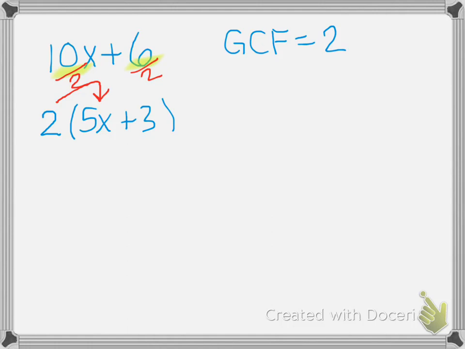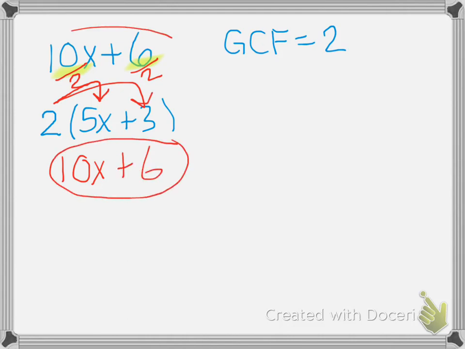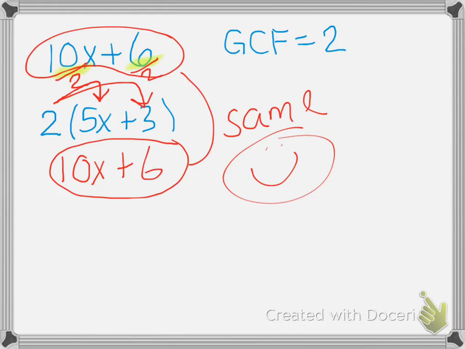So 2 times 5x, you learned that in a couple sections, I think last section or section before. So 2 times 5 is 10, and then the x is with that, because 2 times 5x. Then 2 times 3 is 6. And then you look to see that this and the original are the same. If they're the same, then you know you did it right.